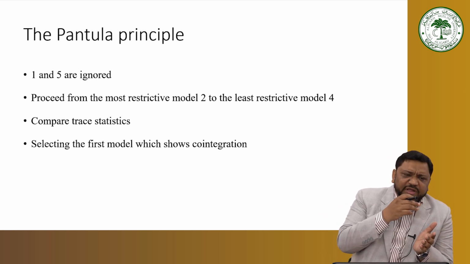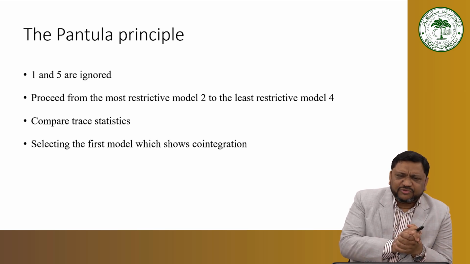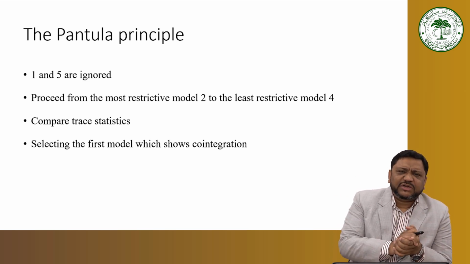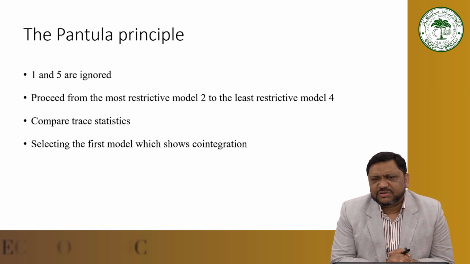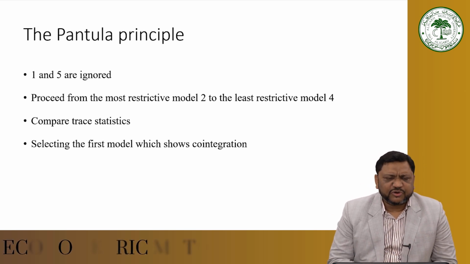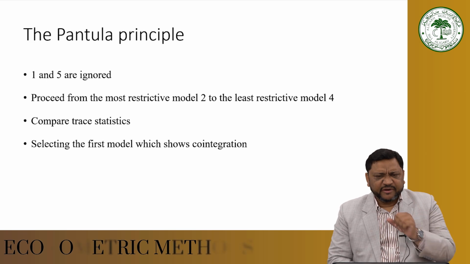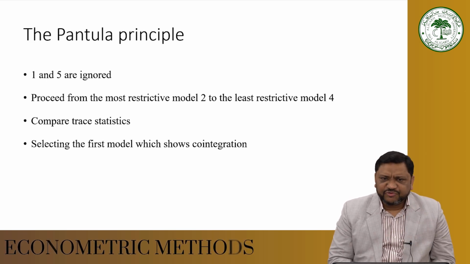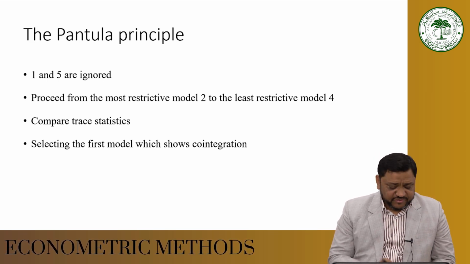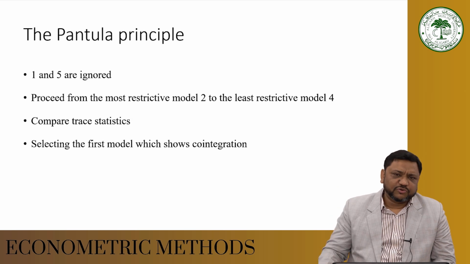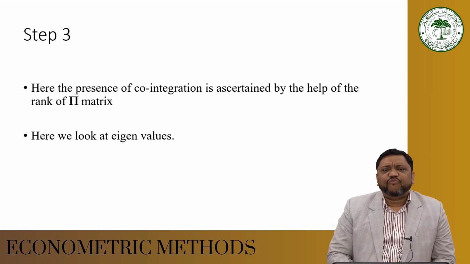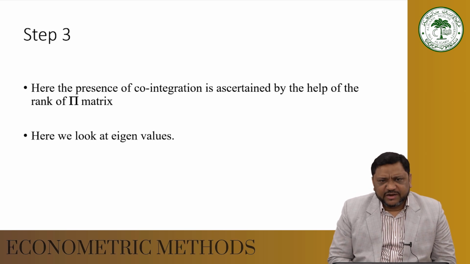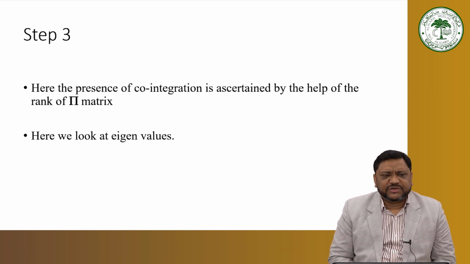Then we take model 3 and estimate Johansen cointegration, and we can take model 4 and then estimate the other things related to Johansen cointegration. And then herein we compare the trace statistics, and then we select the first model which shows cointegration. So once the model has been selected, now we move to step 3.